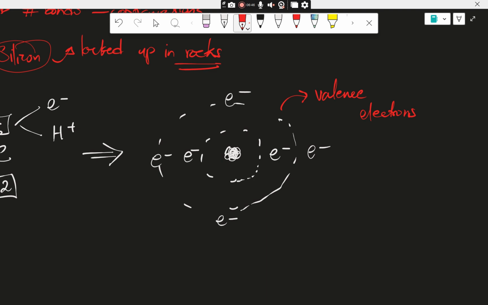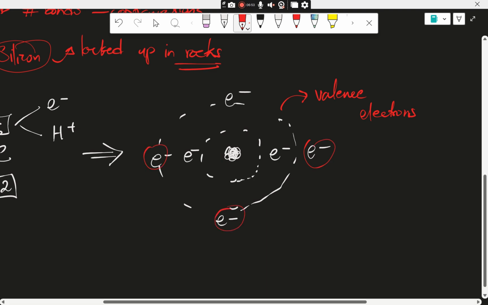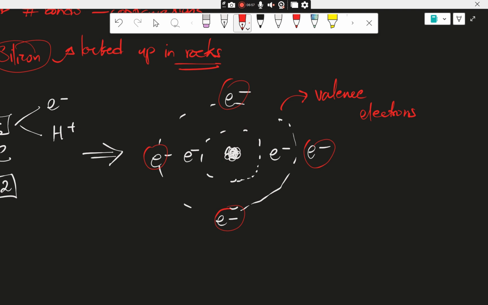This means that carbon can form four bonds, right? Four single bonds, or double bonds, or triple bonds. It can form 4 bonds, and it will depend on the type of bonds that it's forming. So that's what carbon is, and carbon forms 4 bonds.